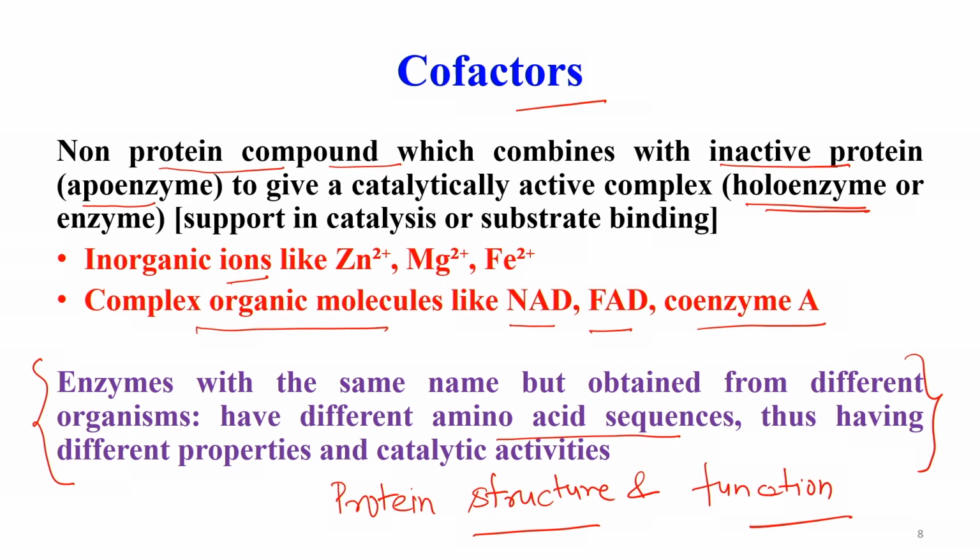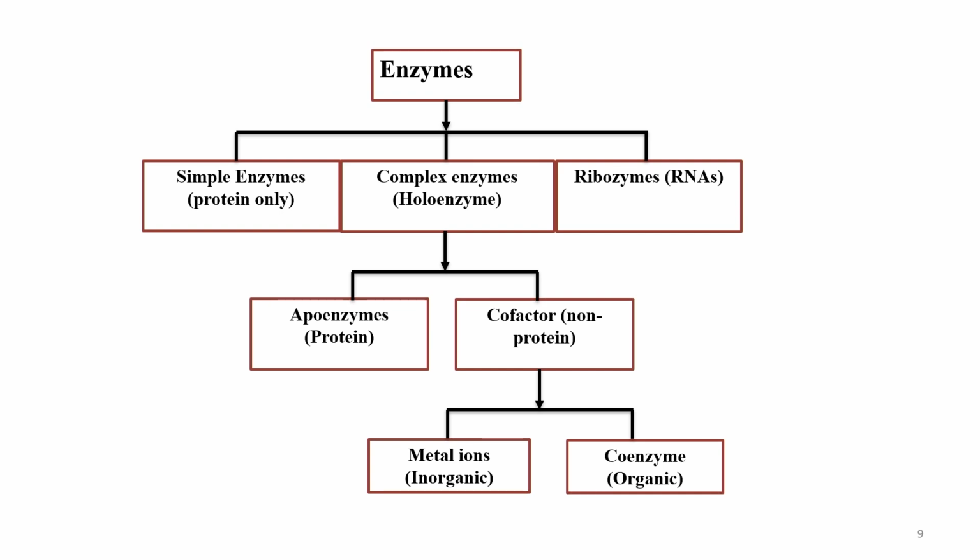It's very important. If the primary sequence is changed, it might happen that the 3D folded structure will be altogether different. They might have different active sites. So that's why the function of that protein will vary if there is a change in the structure of a protein.